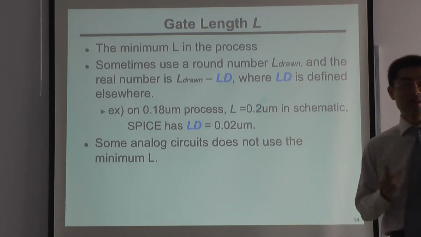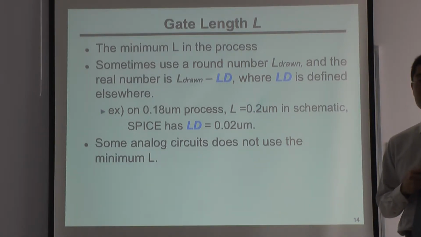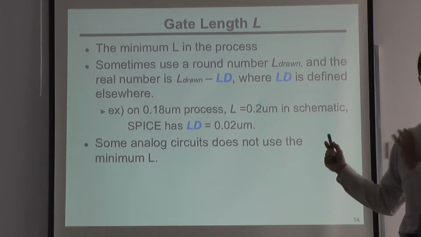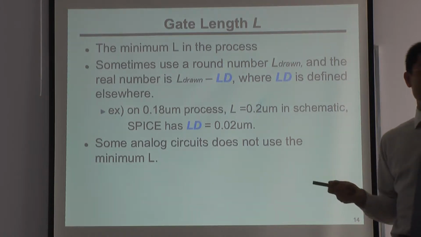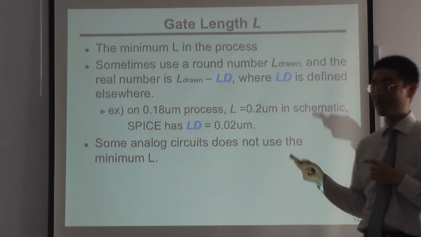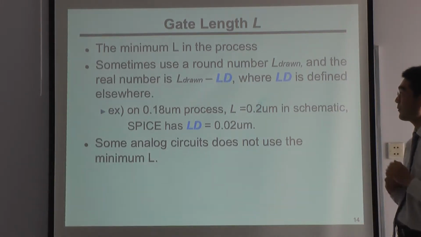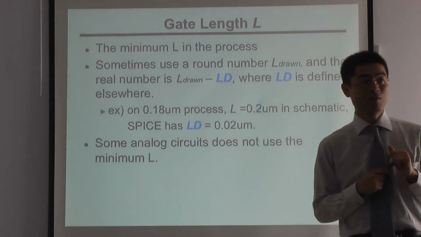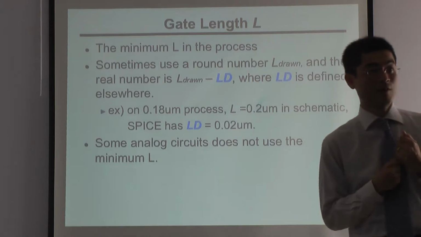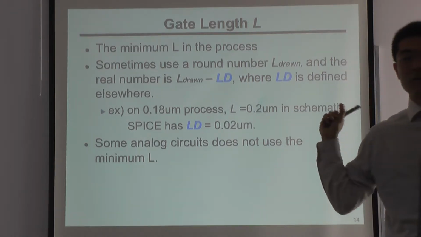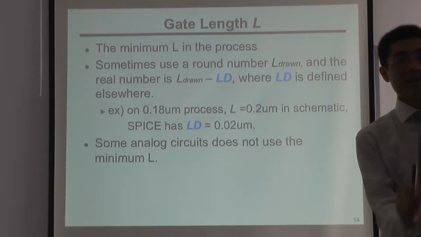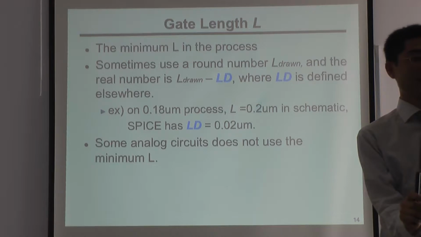Usually we use minimum L. It is decided by the process technology. When we use 0.18 micron, L is usually 0.18. When we use 45 nanometer, L is usually 45 nanometer. But sometimes we want to use a round number. For example, for 0.18 micron technology, once we put 0.18 on the layout, we have to draw 0.18 transistors on the layout.